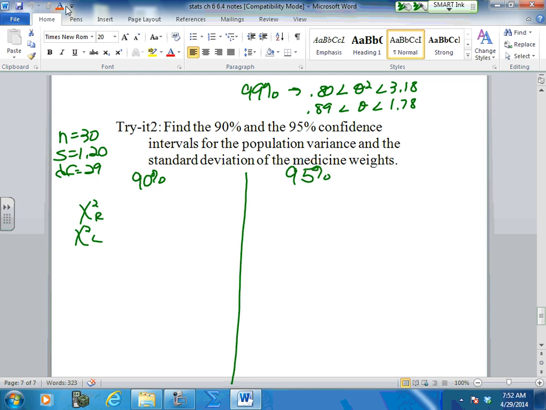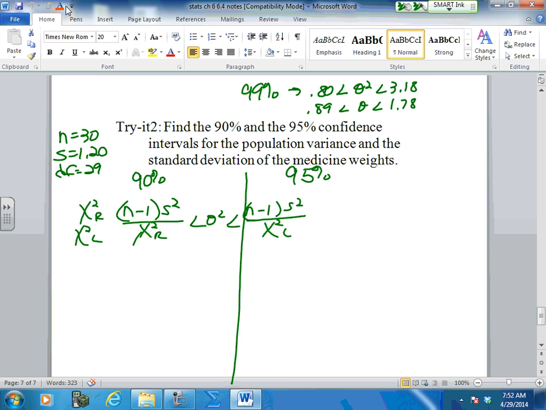What's going to change is your x2r and x2l. The numerator stays exactly the same. The only thing that changed was your two values.